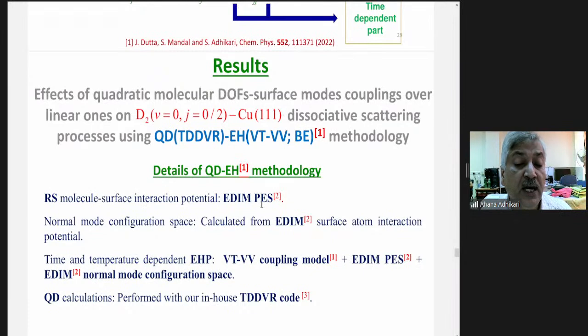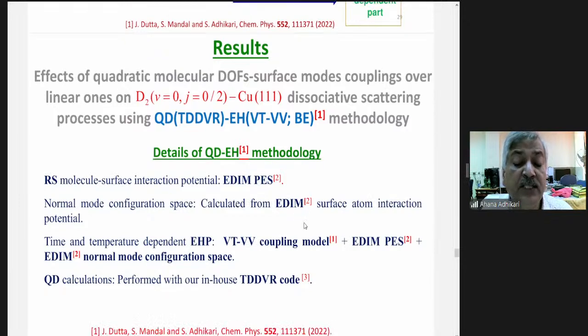So for the rigid surface interaction potential, we have taken normal modes at the level of EDIM, that means embedded diatom in molecule, which is not as good as the frequencies obtained for a copper cluster. And then we consider the VV and VT coupling model. That means we have considered not only linear coupling but also bilinear coupling, and then the EDIM potential, and then the EDIM normal mode surface configuration space.